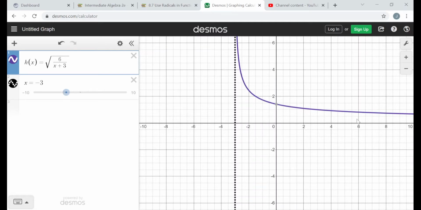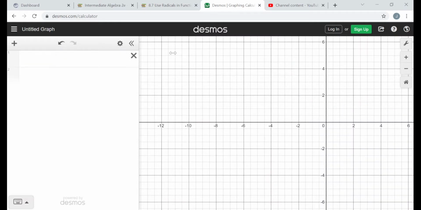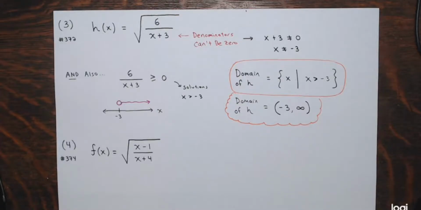Every point on this purple graph, the graph of the function h, has an x-coordinate greater than negative 3. Notice, again, there's no point that has an x value equal to negative 3, and there are no points with an x value less than negative 3. There's no graph over here. So our domain seems to be correct. Wonderful.